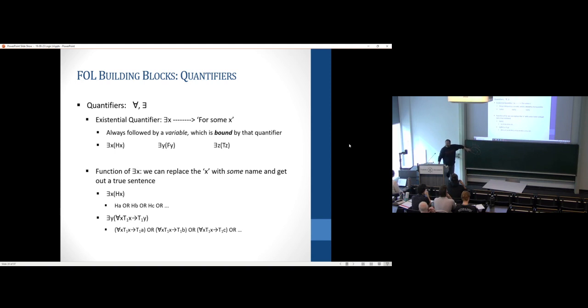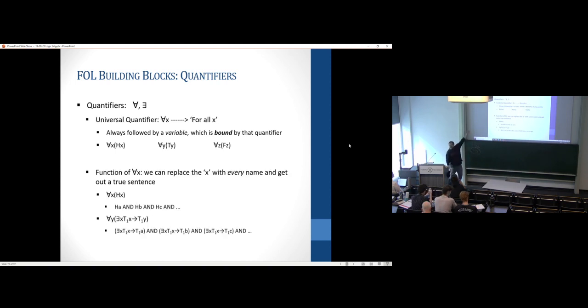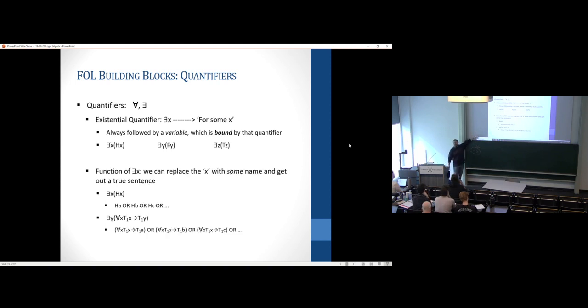You could never get just H with the variable, because you don't know how you're supposed to replace the variable. The quantifier tells you, hey, is it with anything you like? Or is there maybe just one particular thing that does the job here? So again, this is a basic unit, but we need some more machinery on top to tell us how to understand what this is trying to tell us.